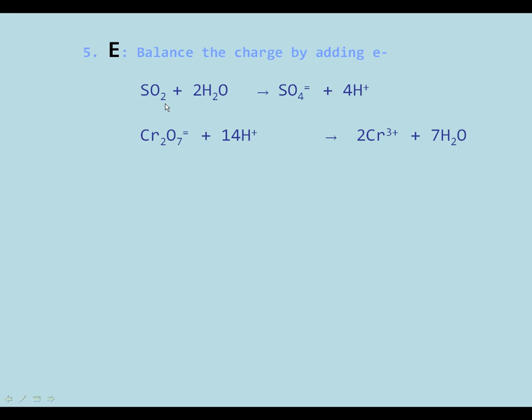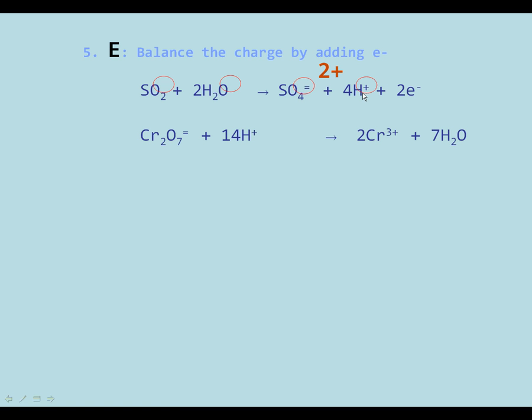So the charges are shown here in these little red circles. So the sulfur dioxide has no charge, the water molecule has no charge, but the sulfate ion has 2 negatives, and the hydrogen ion has 1 positive. This gives us a total of 2 positives on the right-hand side. There are 2 negatives in the sulfate.